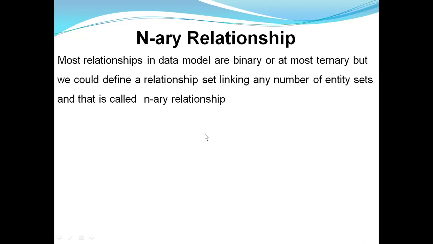Then n-ary relationship. When one entity is related to n number of entities, it is considered an n-ary relationship. So technically we can go for n number of relationships. But practically I would suggest that you go at most binary or at most ternary. You should not go beyond that.